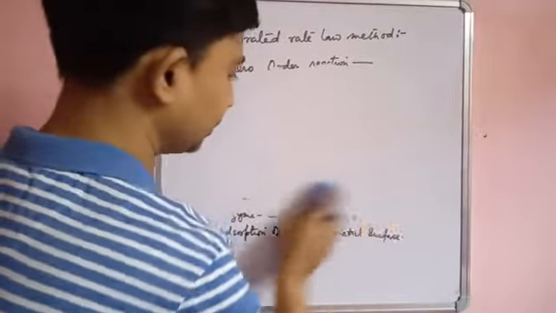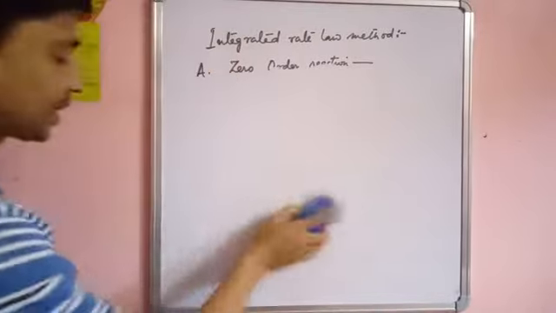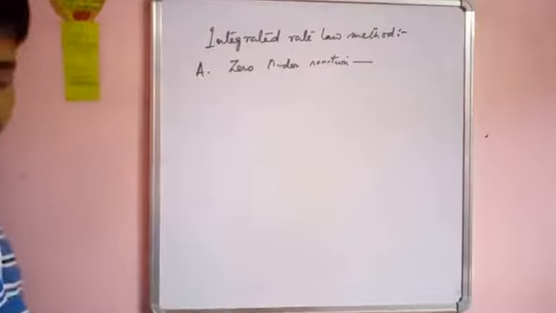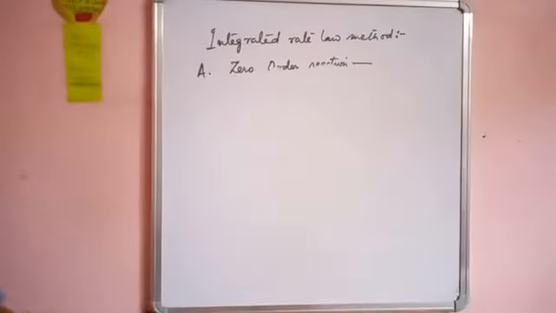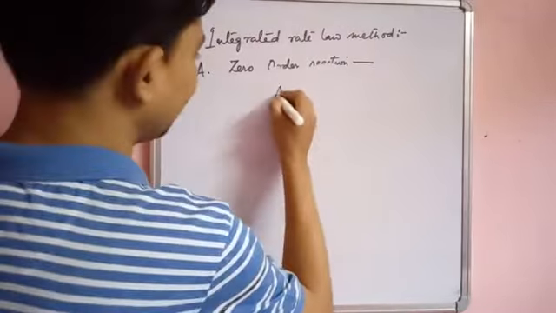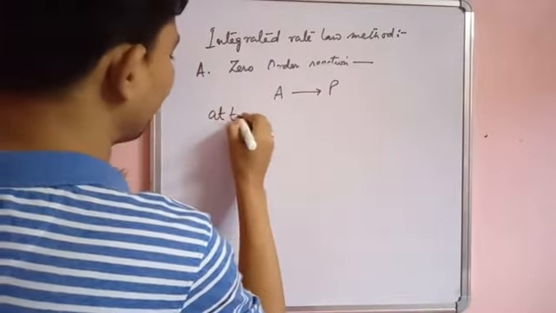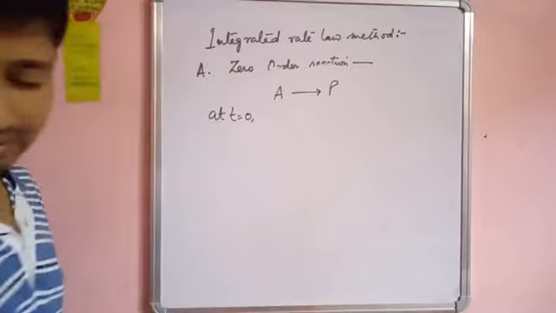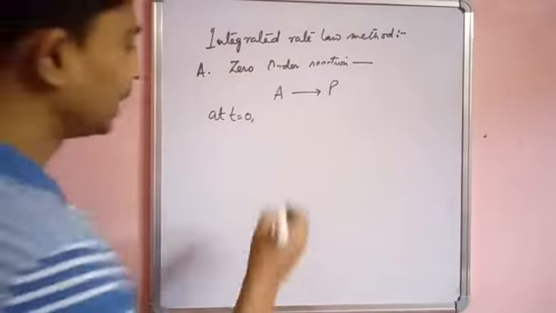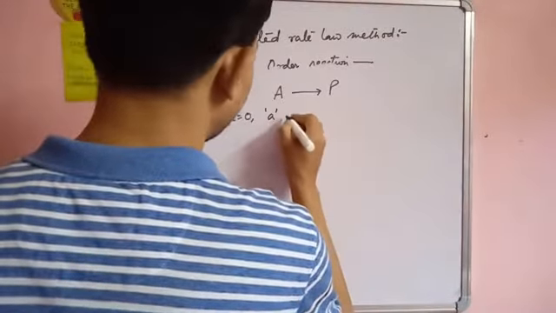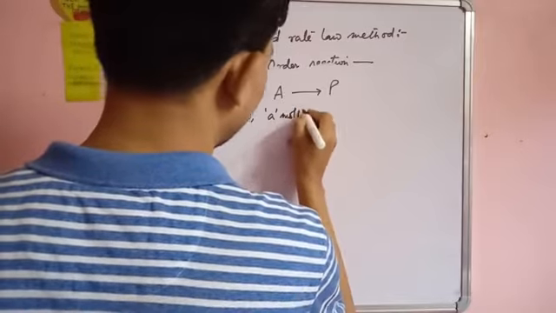Suppose we consider a general reaction A to P. At t equal to 0, when the reaction has not started, let the concentration of A be a mole per liter.